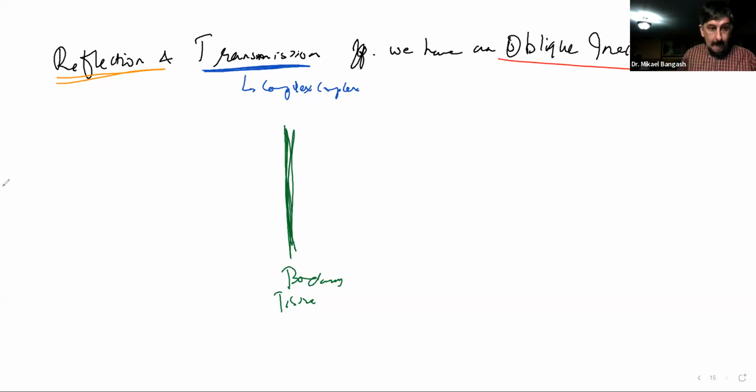Now, since we're talking of an oblique incidence, why would we call it an oblique incidence? Mainly because the angle between the incidence and the tissue boundary was anything but a 90-degree angle.